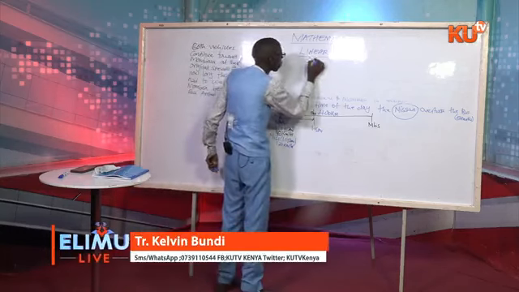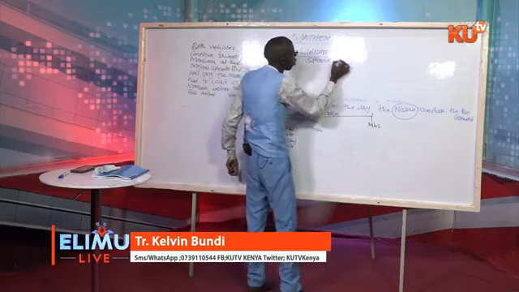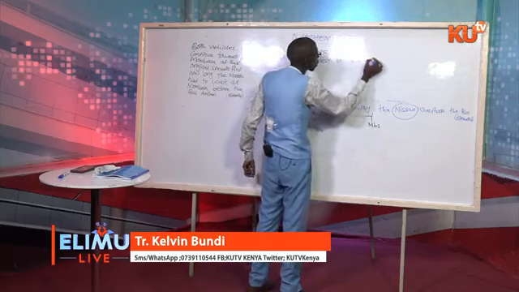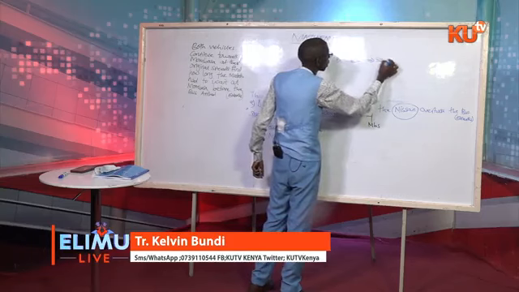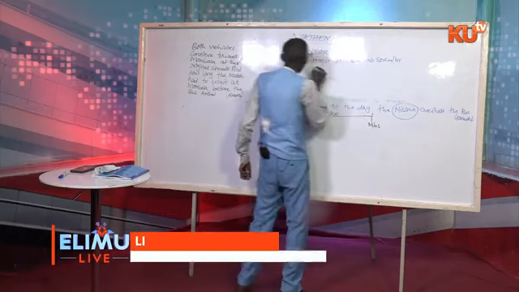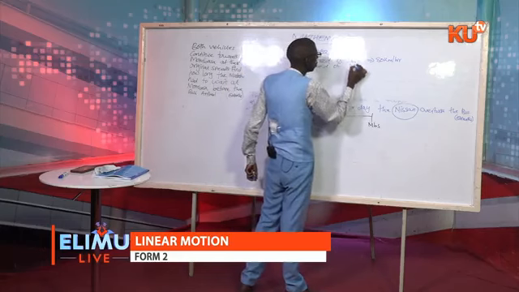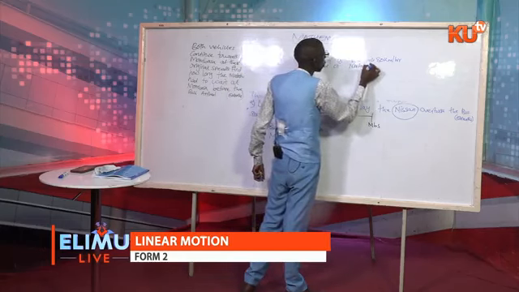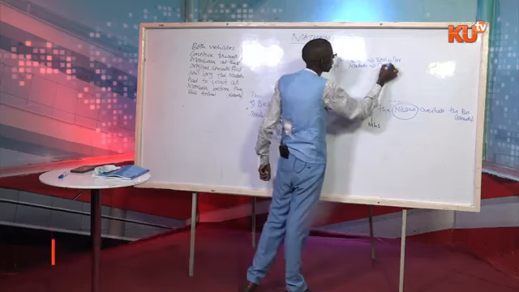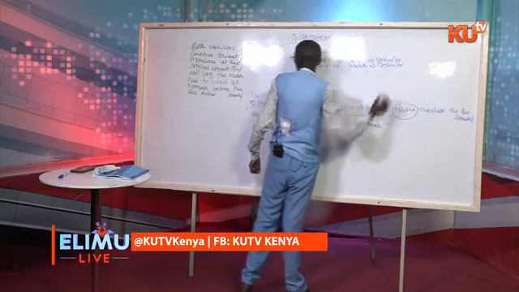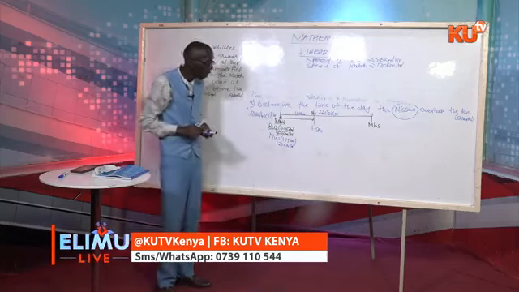What is the speed of the bus? Speed of the bus was 80 kilometers per hour. What is the speed of the matatu? Speed of the matatu was 120 kilometers per hour. So they continue after they have met.